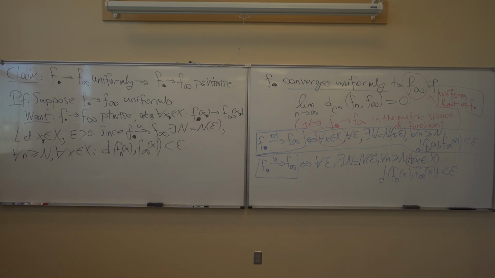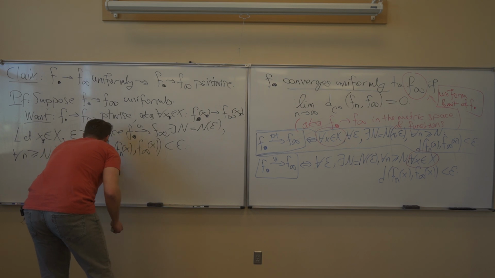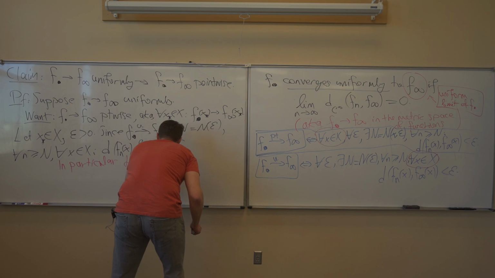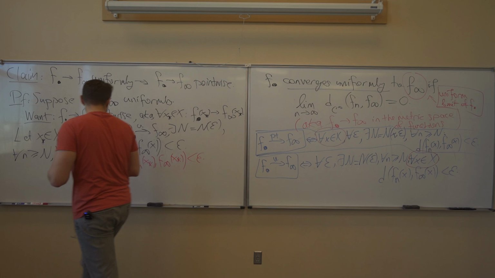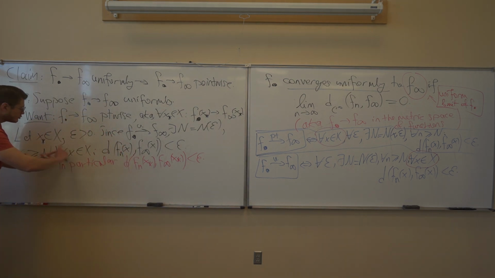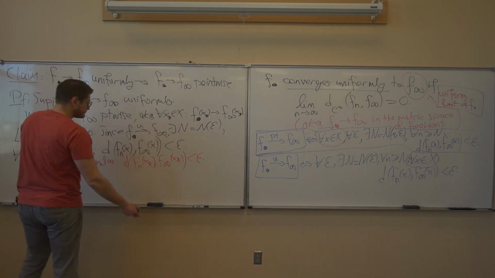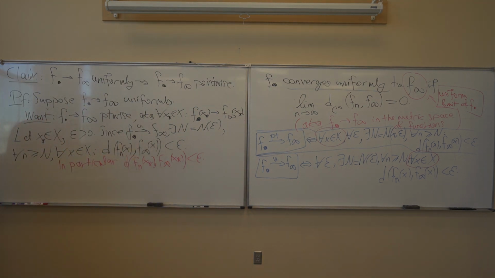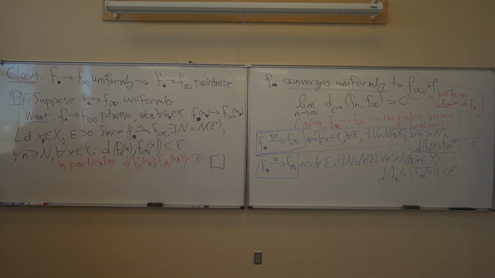In particular, if I were to choose this arbitrary x to be x star that I started with, the same bound holds, which literally means that this sequence of points in Y converges to that point, which is the end of the proof. It's not very deep, but it can become confusing, these logical statements.